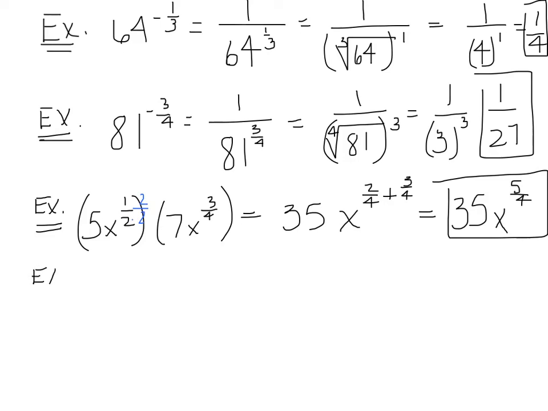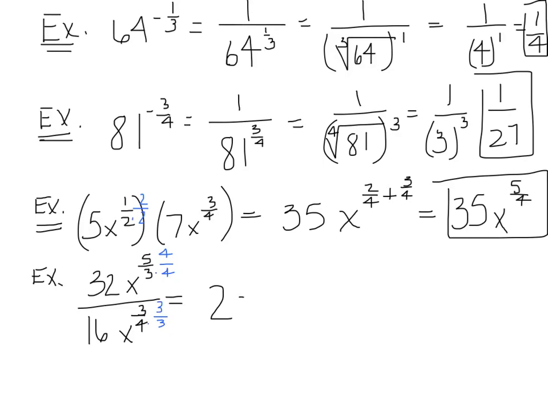Same with division. Now you know with division with the same bases you have to subtract. But you still have to get a common denominator. So the coefficients, or the numbers in front of the variables, you divide. 32 divided by 16 is 2. So the common denominator here is 12. So I have to multiply this by 4 and this by 3.